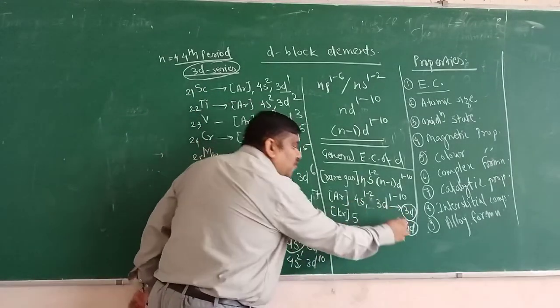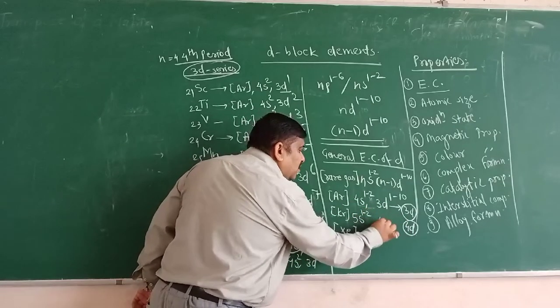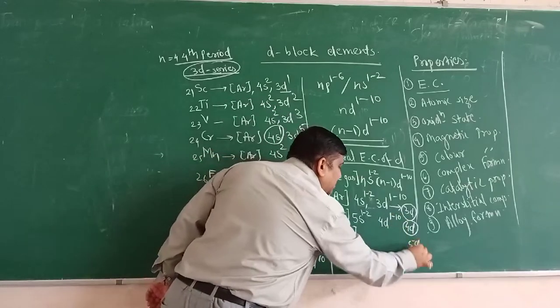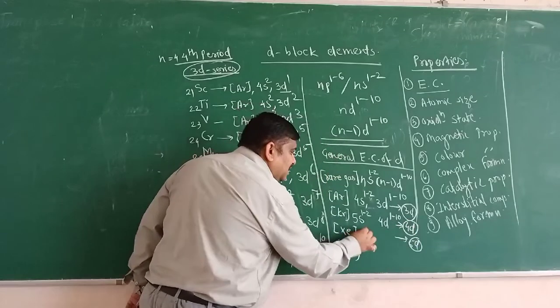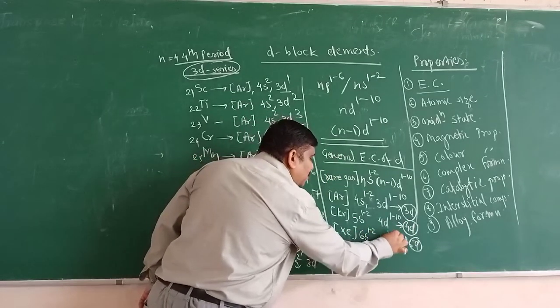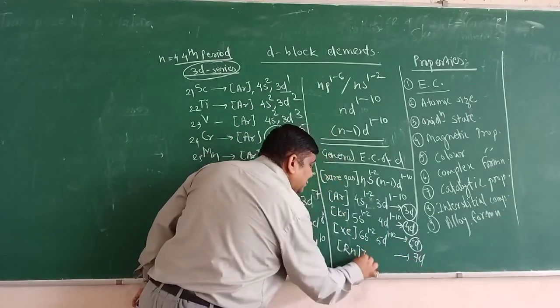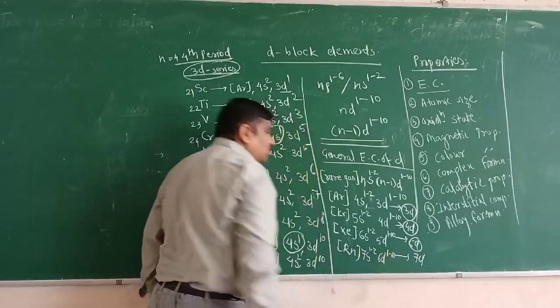For 4d series, krypton; what is the n value? For 3d it is 4. For 4d it is 5s 1 to 2, 4d 1 to 10. For the 5d series, what is the n value? 6s 1 to 2 and here 5d 1 to 10. For radon, that is the 6d series, that is 7s 1 to 2, 6d 1 to 10.